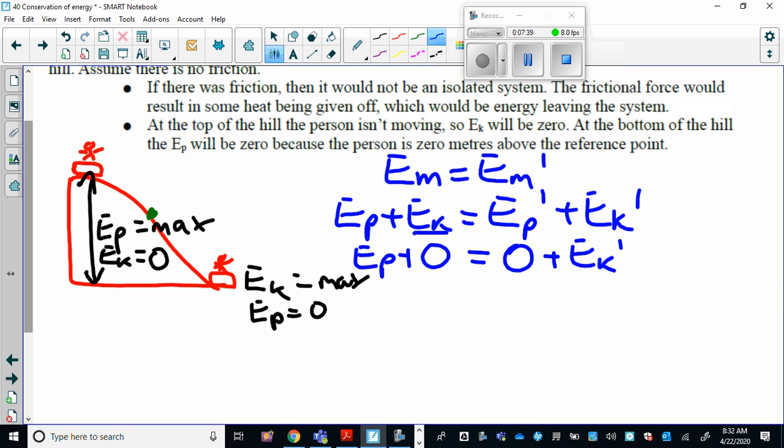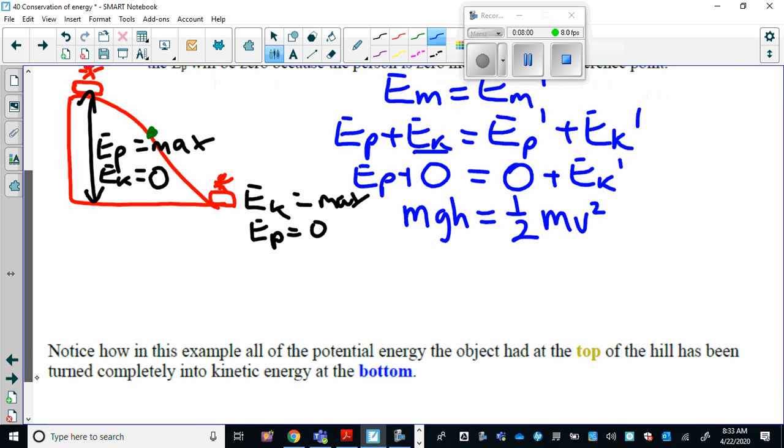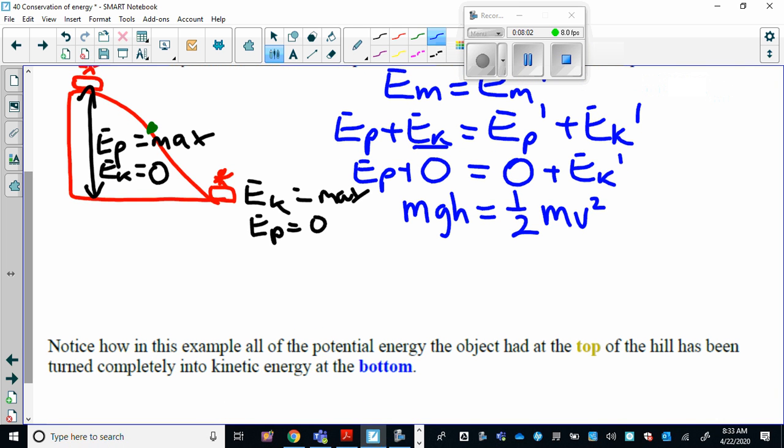And the EK is a max. So we can just change this to mgh. We can change this to 1/2 mv squared. And what are we solving for here? We are asking for the velocity.